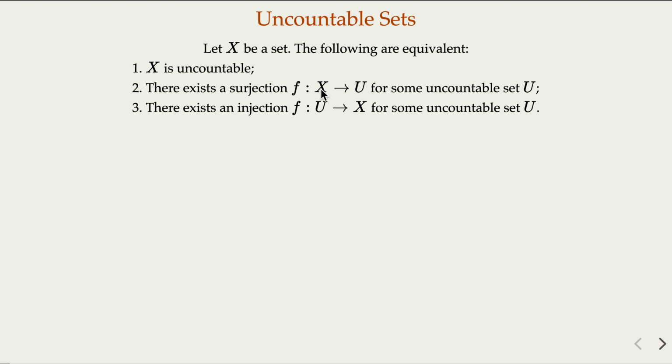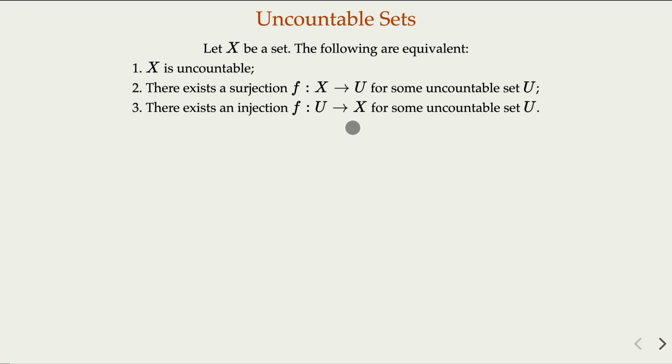If you can map this set X onto U, that is, for any element in U, you can find an x such that this function f maps x to U, then the set U is uncountable, based on an existing uncountable set X. Or the other way, if there is an injection, which is one-to-one, from U to X for some uncountable set U, then X is uncountable.